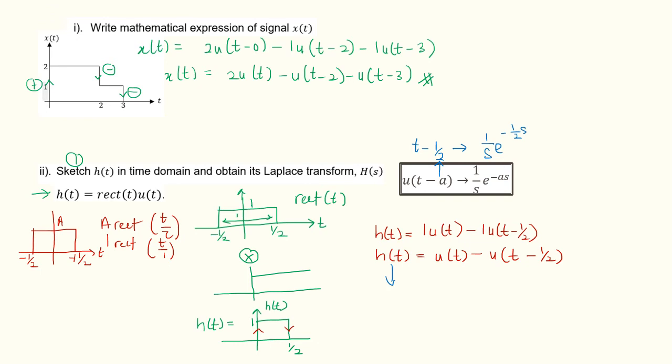Here your Hs equals the transform of ut, which is 1 over s, minus ut minus half, which is 1 over s e to the minus s over 2. So this is your Hs.